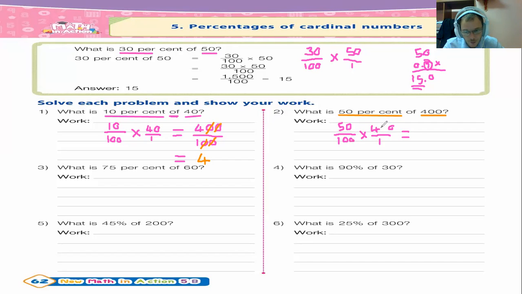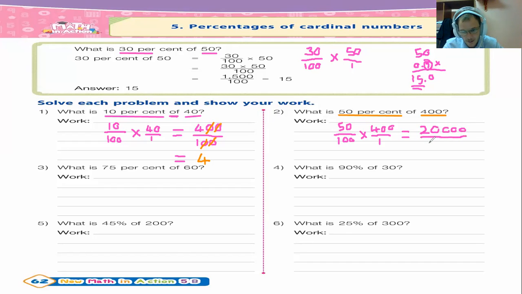0, 0, and 400. So 5 times 4 equals 20. 1, 2, 3 zeros. 1, 2, 3 zeros.